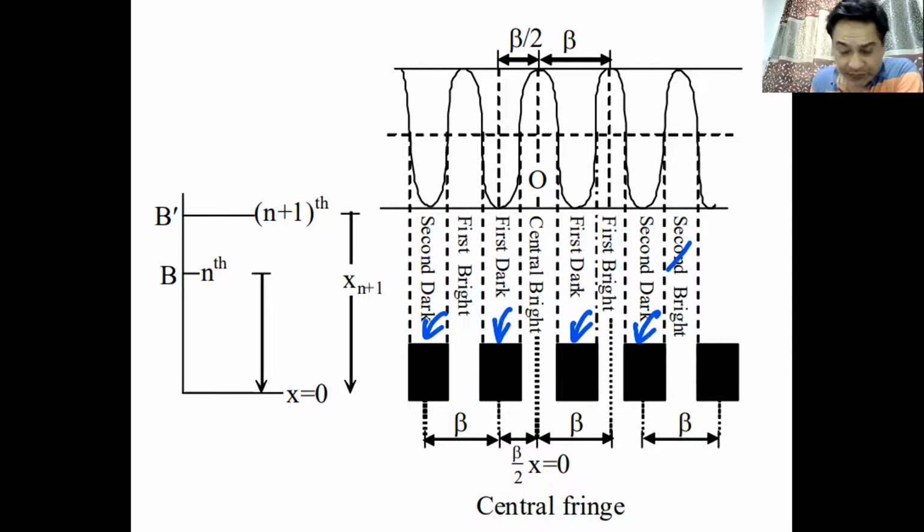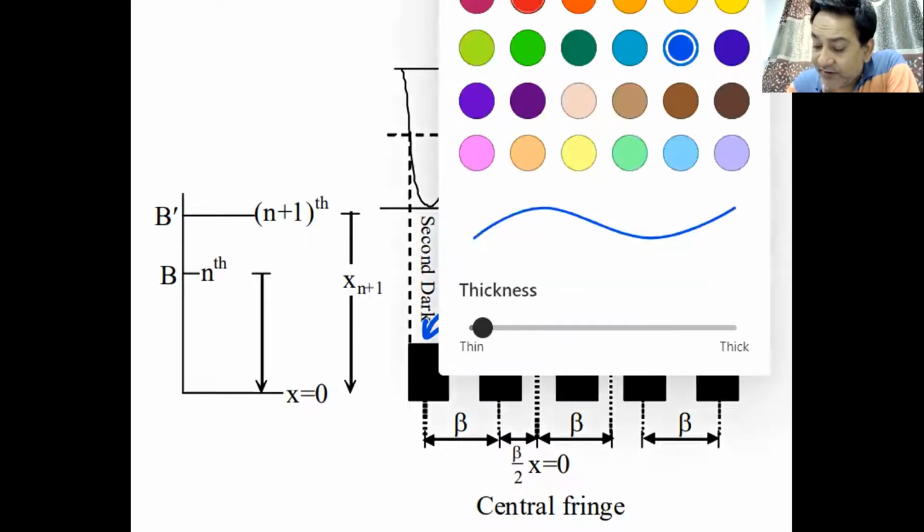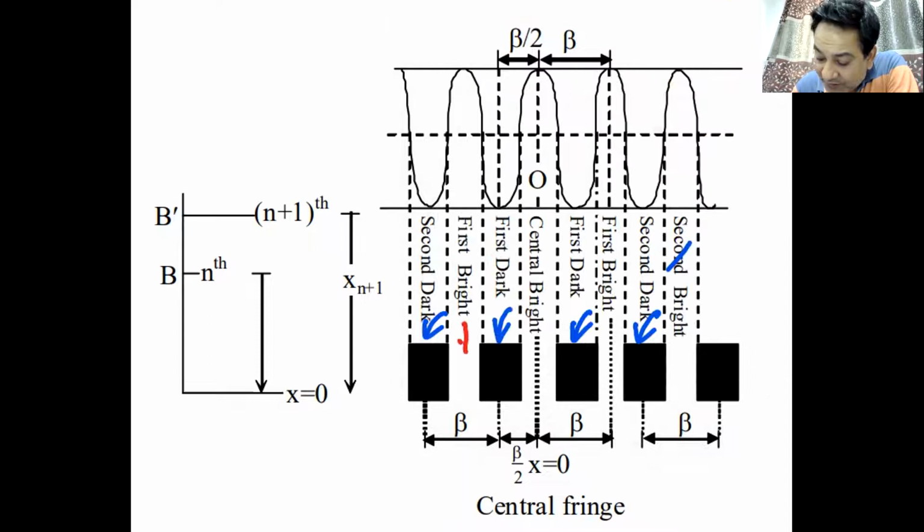And behind these dark things, we have these bright things, this thing that I marked with red are all bright fringes. Do we understand this? Yes, sir. This is the point of the central bright fringe, and this is the point of first bright fringe. Do we understand this?